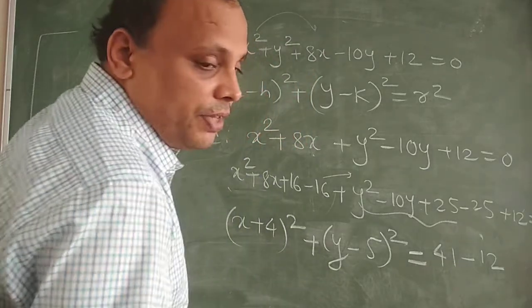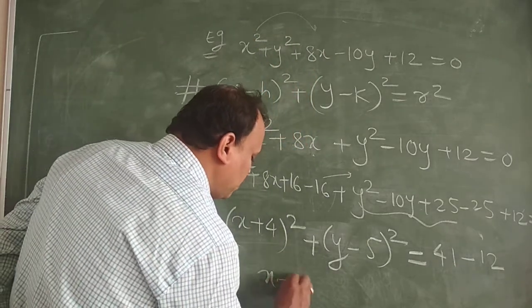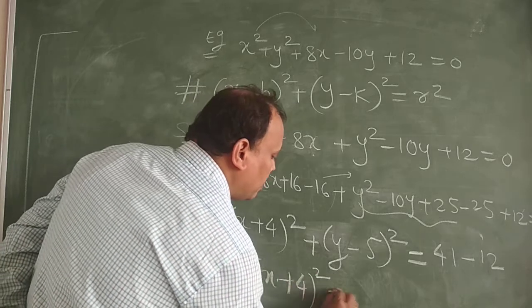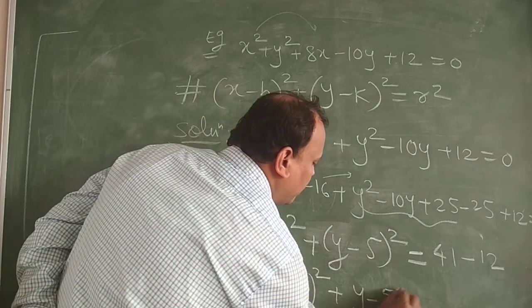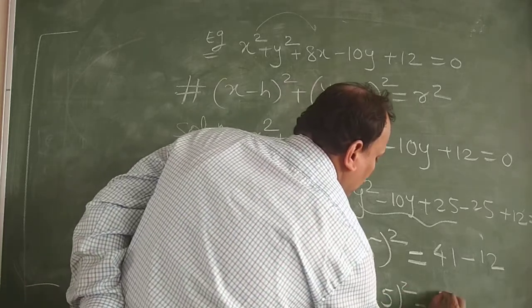So we get the equation of the circle as x plus 4 whole square plus y minus 5 whole square is equal to 29.